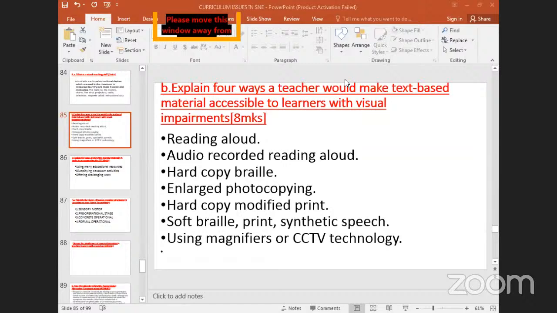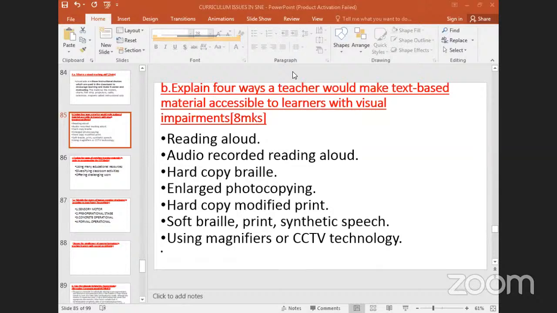So hiyo ni under devices, but amepeana specifically associated with physical disabilities. Hilo ndio jibu la hilo swali. Mingi iko mobility devices. Imeenda na communication.